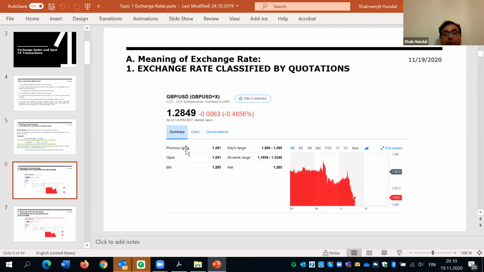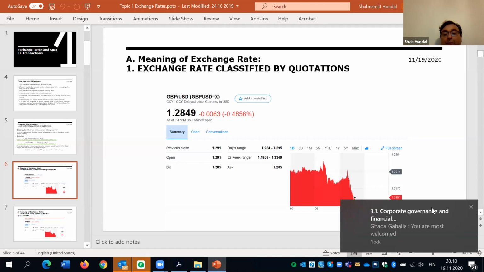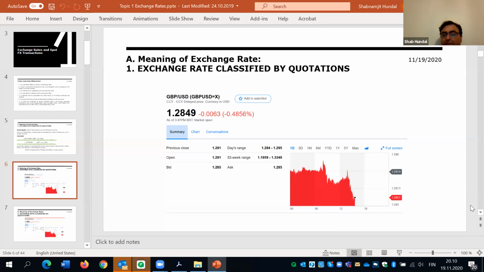And the previous close means that when the market closed yesterday, it closed at 1.291. Usually these rates are the same, but if there's big news, they can differ.